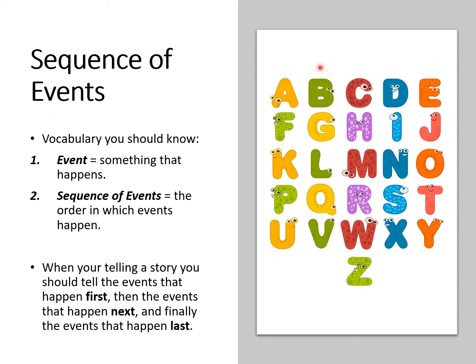A, B, C, D, E, F, G, H, I, J, K, L, M, N, O, P, Q, R, S, T, U, V, W, X, Y, Z. These are in order. Now, when you're telling a story, you should tell the events that happened first, then the events that happened next, and finally, the events that happened last.